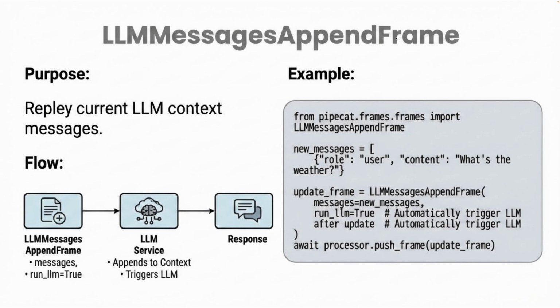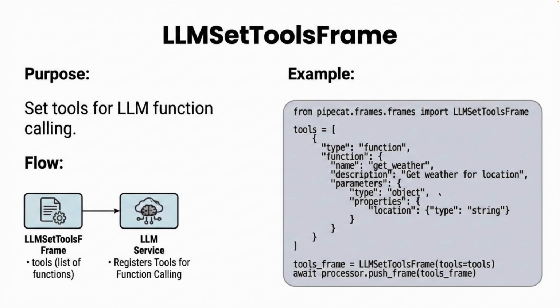Then we have messages append frame, which is, if you remember, all the context that we have. If you want to append to that context, this is the LLM messages append frame, which appends to that context. And then we have set tools frame, where in case we want to define certain LLM functions for calling and generating some result out of it.